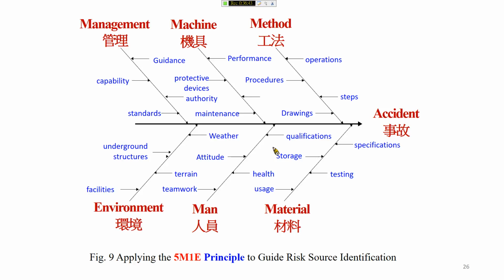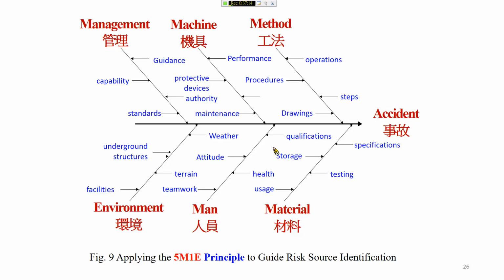Usually we use the so-called 5M1E principle. What is the 5M1E principle? 5M means management, machine, method, material, and man. 1E means environment. And there are factors within each item of the 5M1E.